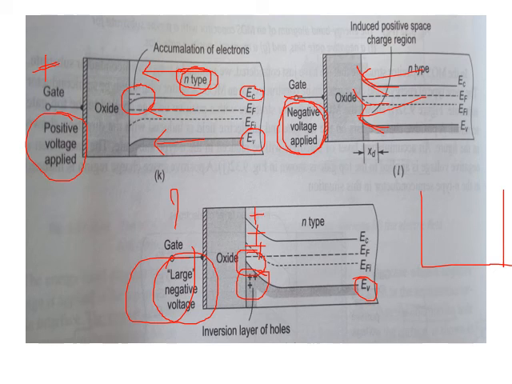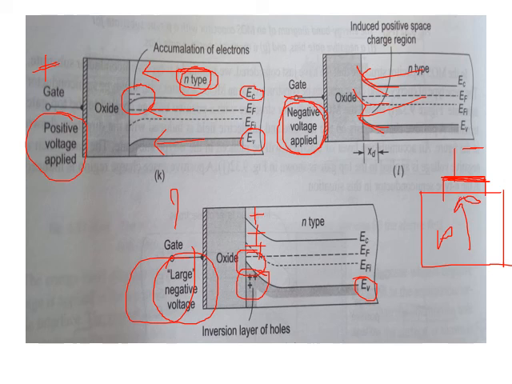Say I have p-type material, and here if I give negative voltage, what will happen? Yes, I'm quickly revising the things so that it fits into your mind. Negative potential, p-type material. Correct. Holes will be attracted.